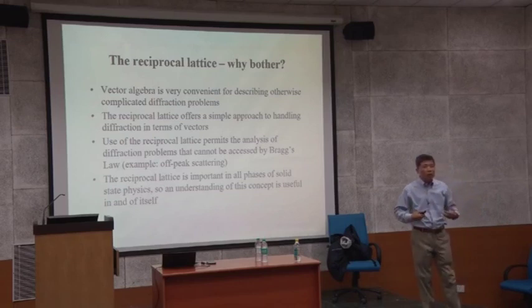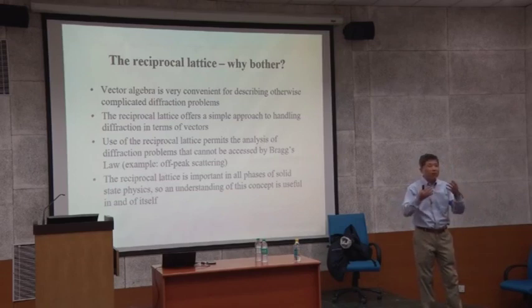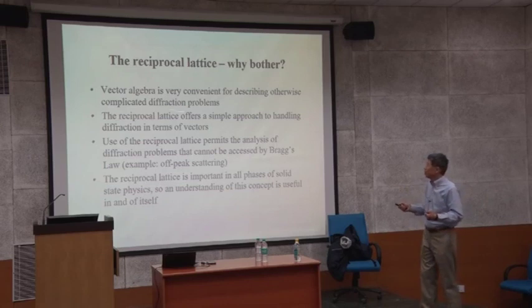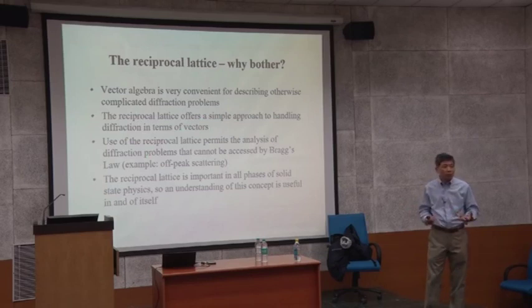and not just learning this, but you can actually explain your material's diffraction conditions and your material structures much more easily. That's why it's very important to learn the reciprocal lattice. This also offers a simple approach to handling diffraction in vectors.